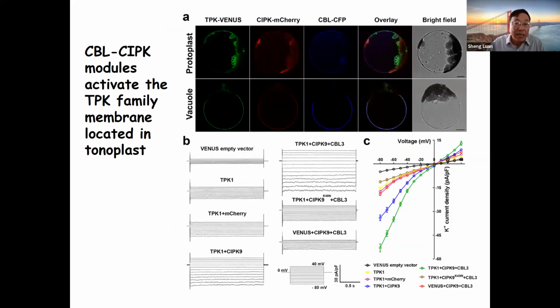By cloning the CBL, CIPK, and TPK, and fusing them to different colored fluorescent proteins, we can monitor the expression of different combinations of these proteins at the vacuolar membrane, and then patch clamp those vacuoles expressing a particular combination of the proteins, right? So when we express TPK alone, you start to see some current, but when you add CIPK9, then the current is much bigger.